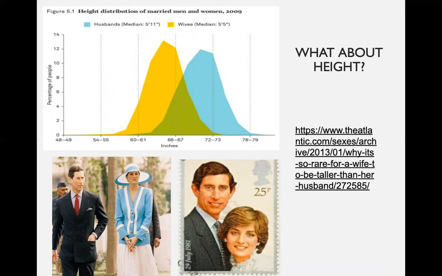And we see this by the fact that for a lot of men and women, men marry women shorter than themselves. Women marry men taller than themselves when we're talking about heterosexual couples. But it's worth noting that there is that overlap.